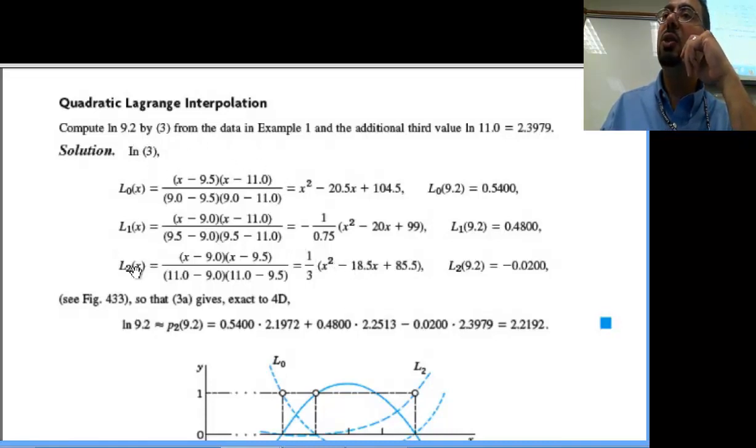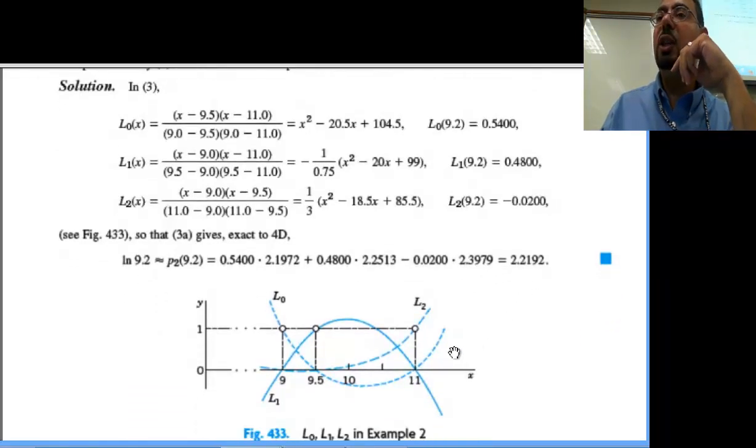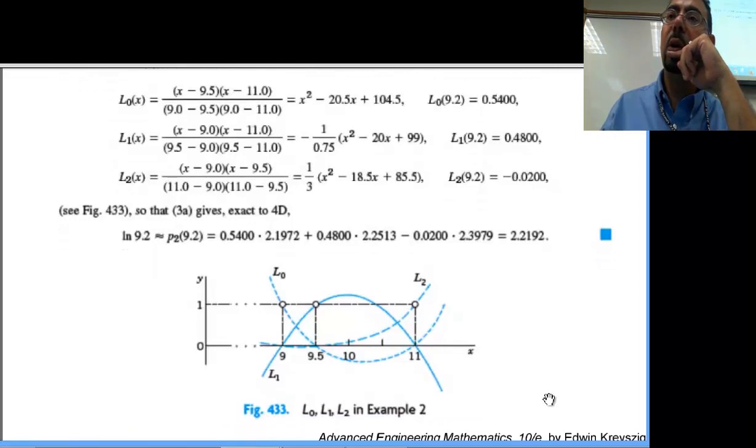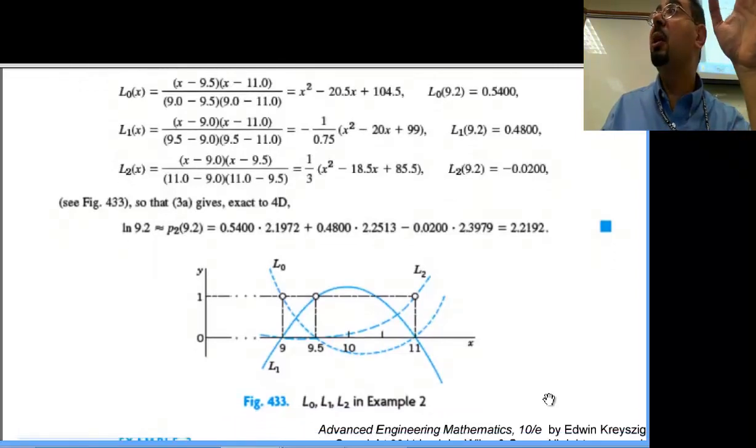Here are the 3 brackets that he multiplied by f naught, f1 and f2, and here's the formula, and he gets a better approximation. He's basically telling us that with 3 points, he can put a second order polynomial through the function. So it's supposed to be better than the first order line, definitely. Right?